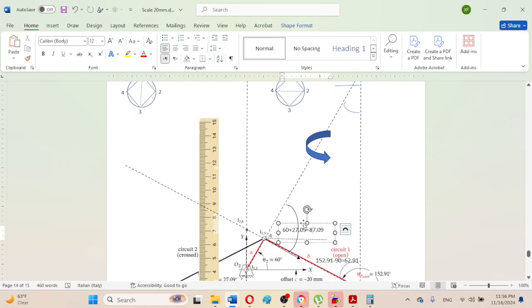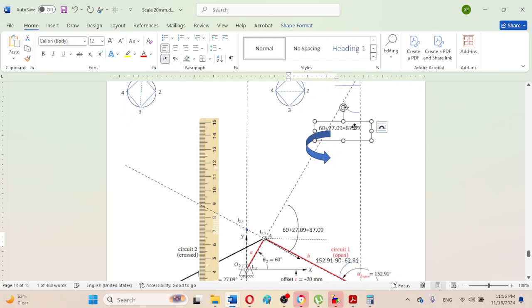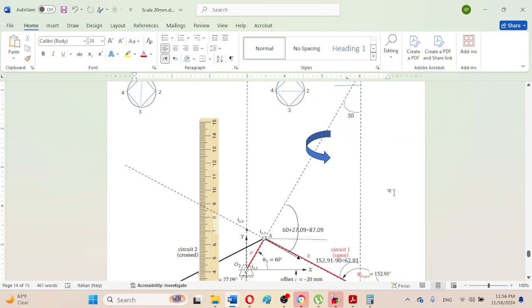Just copy this label from here, paste it here and change it to 30 degrees, just for reference. As we can observe, all angles have been found.